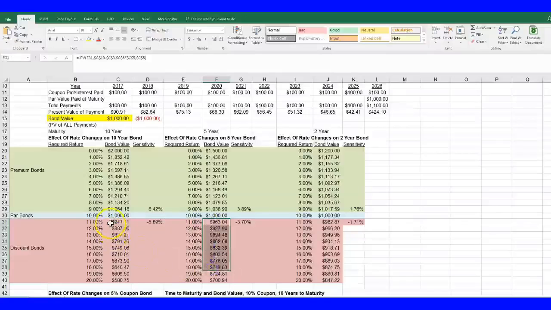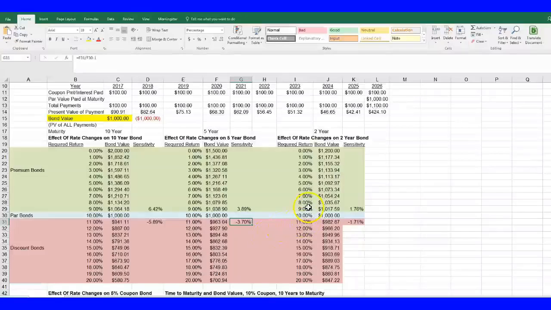This is the same thing we saw with the 10-year bond. However, that same 1% increase in required return that caused a 5.89% decrease in the value of the 10-year bond only decreases the value of the 5-year bond by 3.7%.